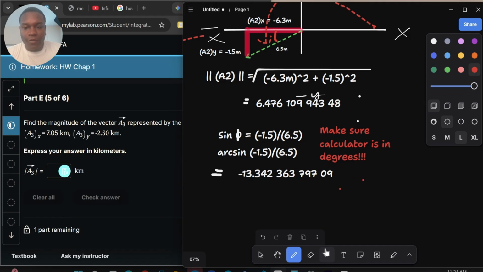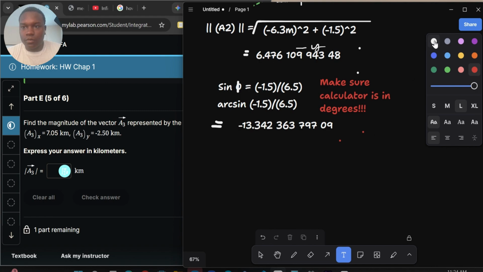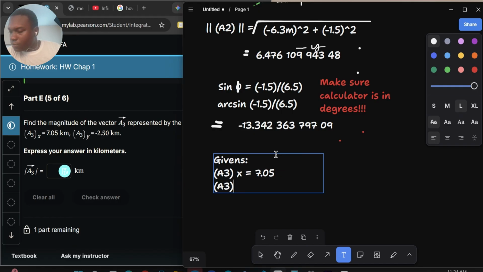So we have our givens. The x component of vector A3 is 7.05, and the y component of vector A3 is negative 2.5 kilometers.